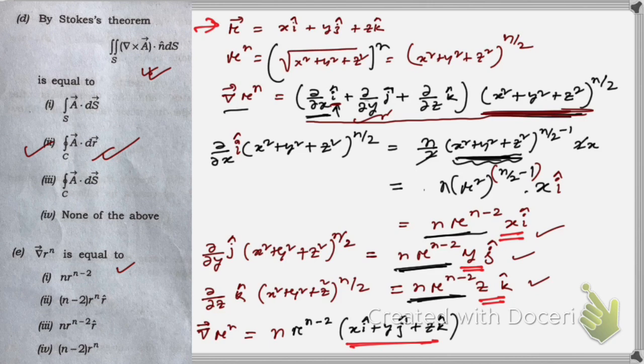So your result is n r to the power n minus 2 into r vector. That's what you should get, right? So I think here options are wrong. I think this option 3 should be correct. I think there is a printing mistake.